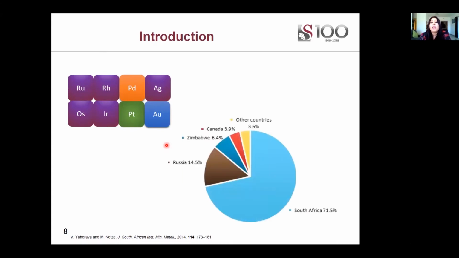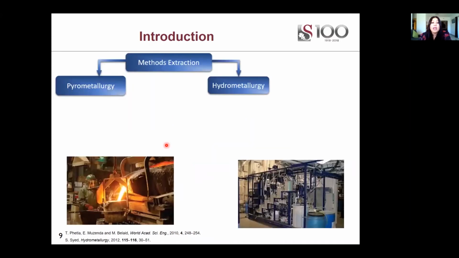And South Africa actually is the largest producer of platinum group metals because of our mining industry, of course. And there are 2 ways that they can do this extraction of our metals.